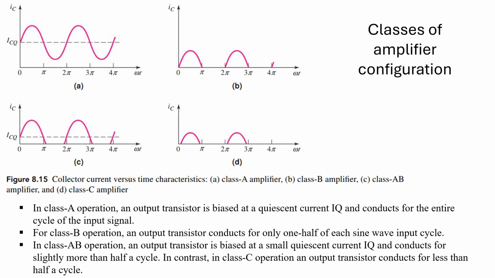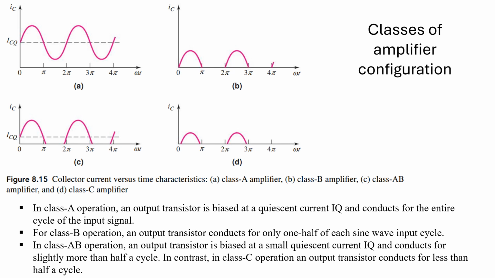So now, classes of the amplifier configuration. We can have four different classes: class A, class B, class AB, and class C. However, in this session we are going to discuss only class A and class AB configurations.